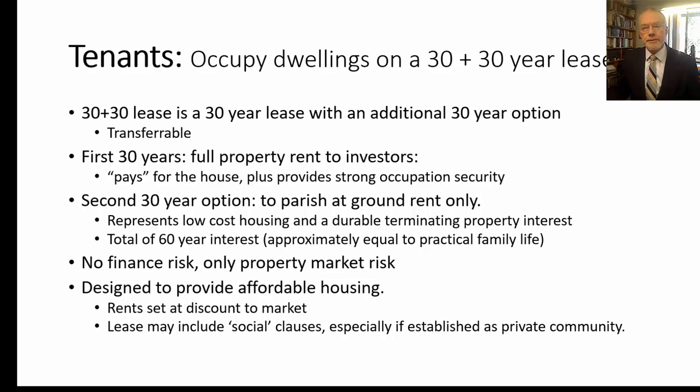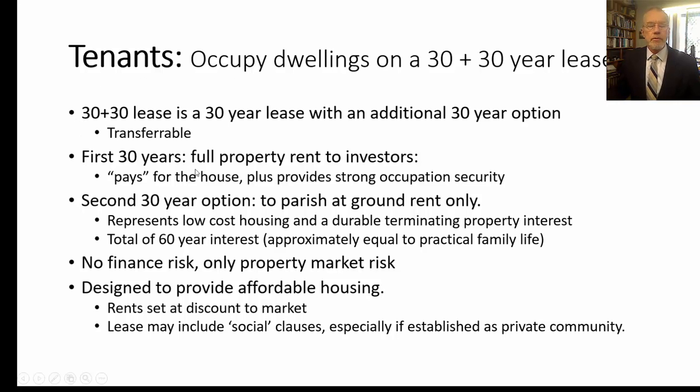We looked at the tenants now, recommending that first of all the tenants will occupy the dwellings on a 30 plus 30 year lease. 30 plus 30 means that the lease runs for 30 years plus an option for the tenants who are able to choose an additional 30-year lease as part of their original contract.